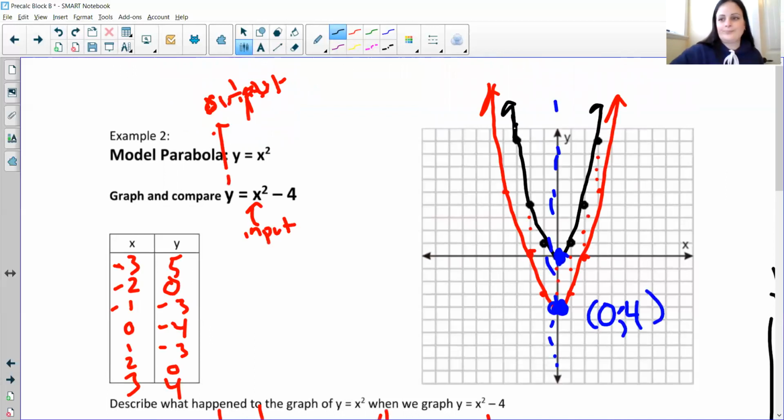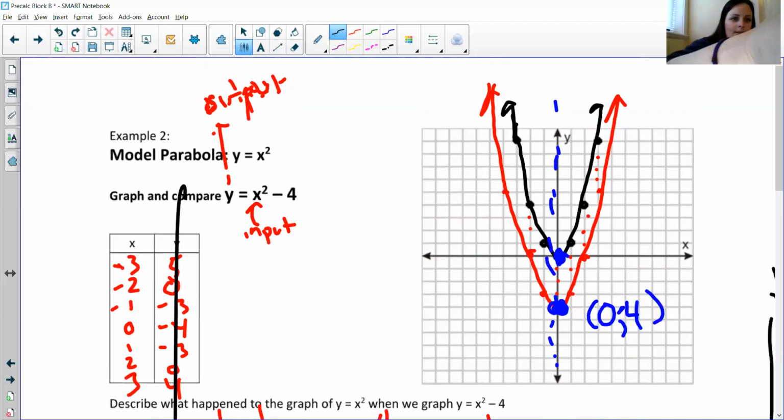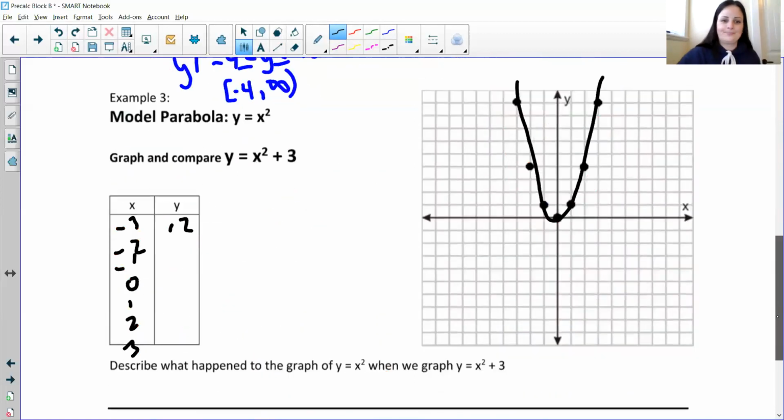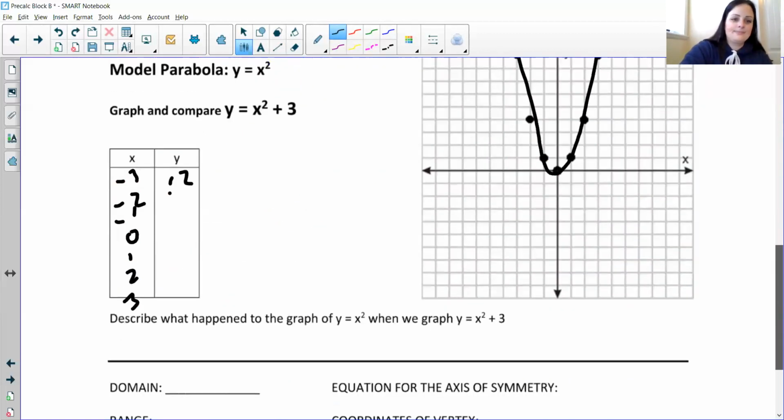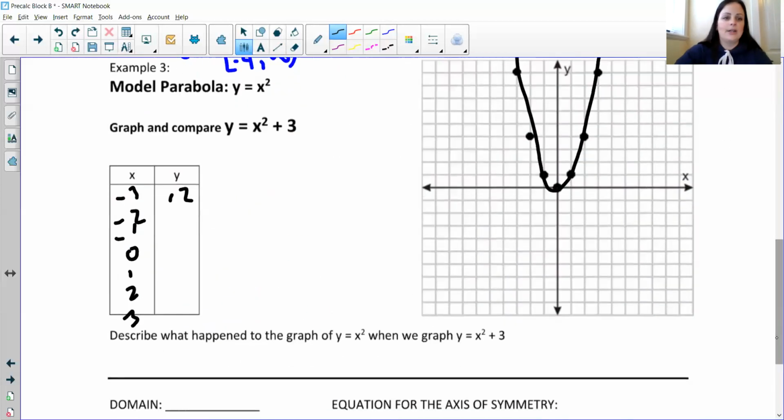Okay, so 12, -2 should be 7. I don't know why it's doing this. This is really annoying. I'm sorry. -2 is 7. -1 is 4, 0 is 3, 1 is 4, 2 is 7, and 3 is 12.